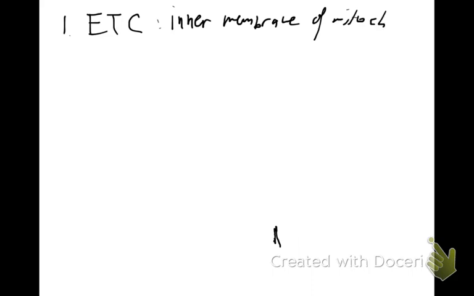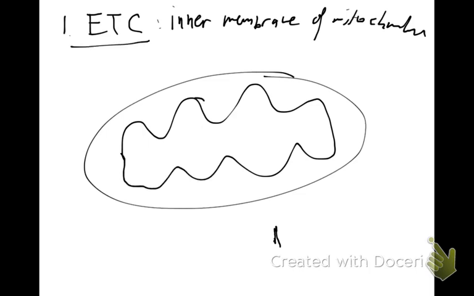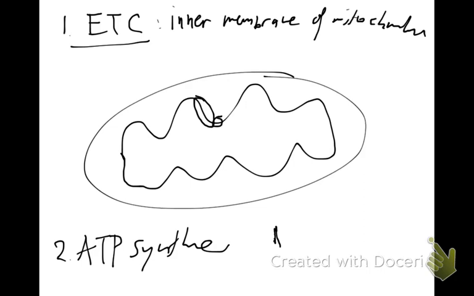On that mitochondria, with its inner membrane like this, the electron transport chain is happening here. And the second stage, ATP synthase, is also happening right here. So this is all happening along this membrane. Don't lose sight of that. It's all happening here on the mitochondria.